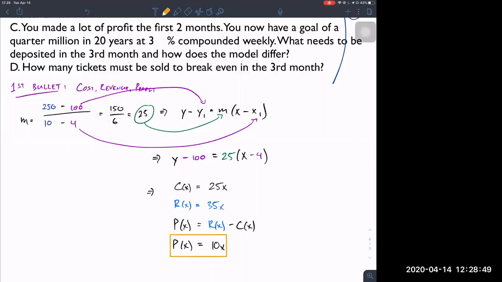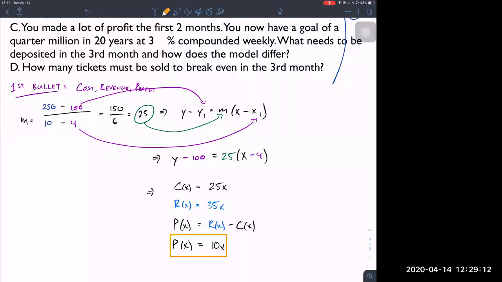Some students in the past would have said, well, what about the costs and the revenue function? Aren't those part of our expenses and how we do things? And the answer is yes, they absolutely are. The thing though is that if your profit function already utilizes both those details, then why do we have to put them in again?